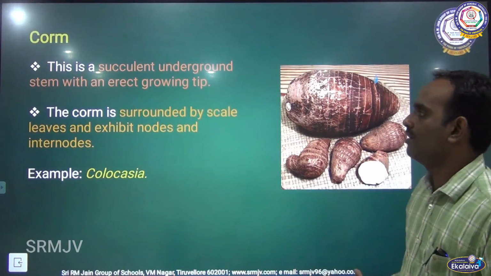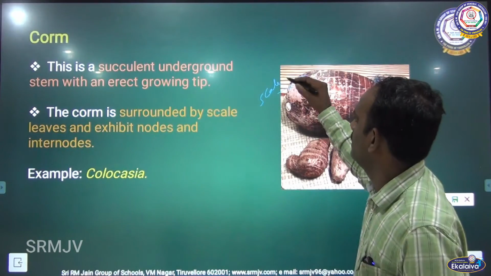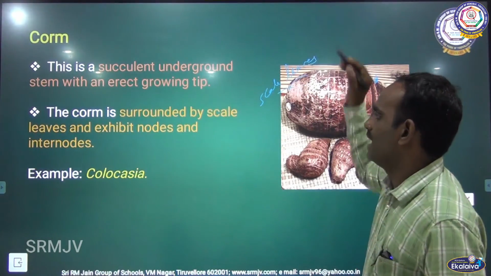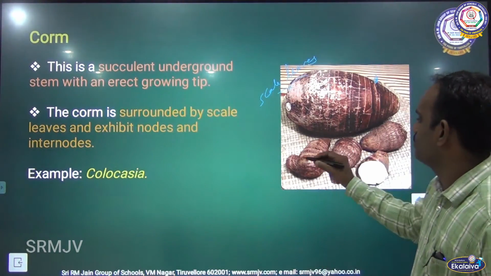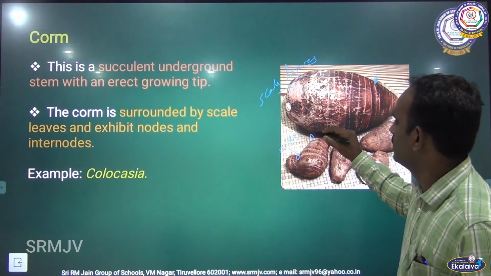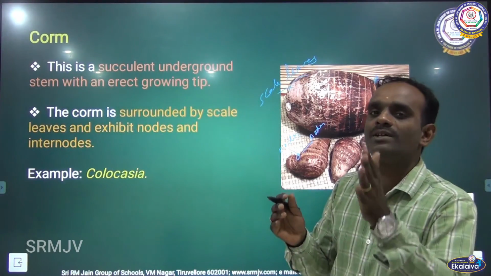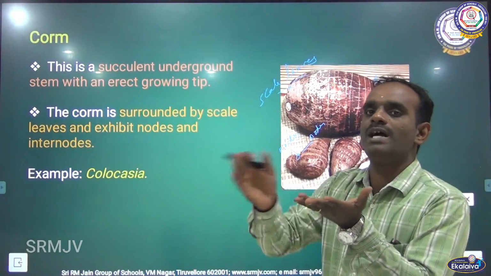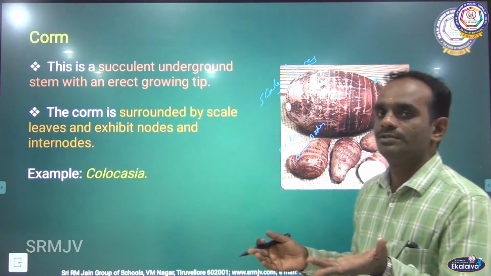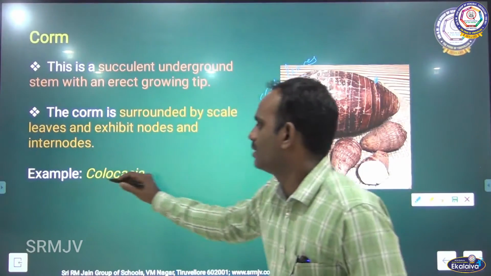The corm is surrounded by scale leaves and exhibits nodes and internodes. So many nodes are present. The gap between two adjacent nodes is said to be the internode. So you have so many nodes and internodes. Example is Colocasia.